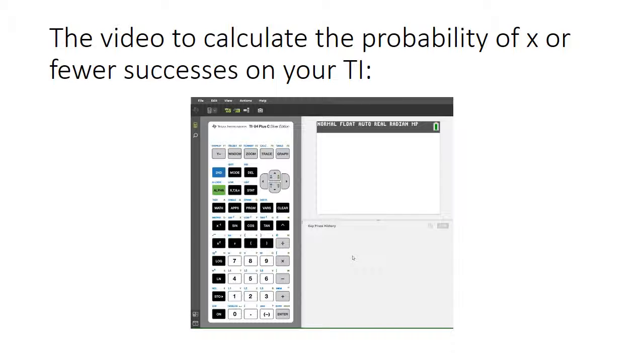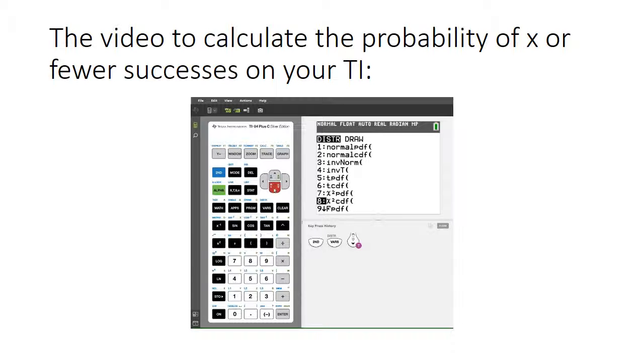So again, to calculate these types of probabilities, we're going to go to the second favorite button we have in our stats class. Remember, stat was our first favorite button. We did all kinds of stuff in there. Now, because we are dealing with probability distributions, we go to the distribution button. So second, vars, and we look at our distributions. So again, we want a binomial distribution. So we need to scroll down.